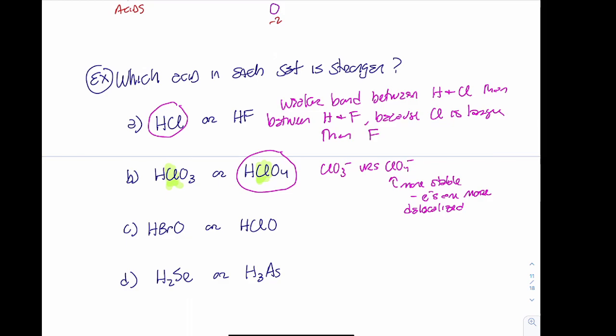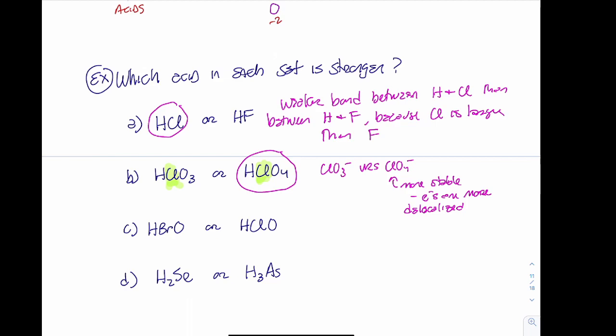We're actually spreading them out over the entire molecule or more of the molecule. Remember, chemical reactions are the reactions of electrons. So if electrons are sitting just in one spot, it's reactive because something can grab onto those, or they can grab onto something. If they're spread out, if they're delocalized, it's less reactive, more stable. So you can essentially draw more resonance structures for ClO4 minus. Its electrons are more delocalized, it's more stable. We want to form things that are more stable.